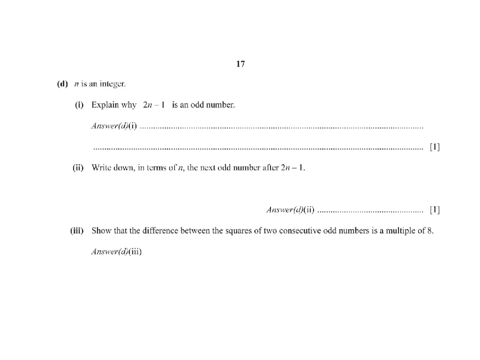Well, if you can say that 2n, 2 times a number, 2 times an integer, is always even.